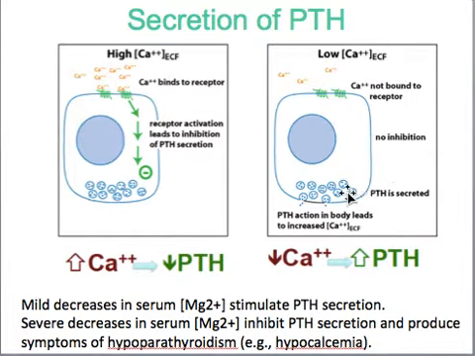So it's not inhibited, and your PTH is released into your body. So if you have low calcium, there's an increased PTH, and your PTH now activates all the mechanisms in order to bring your calcium back to normal levels.